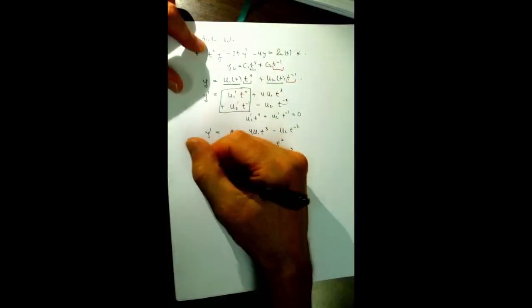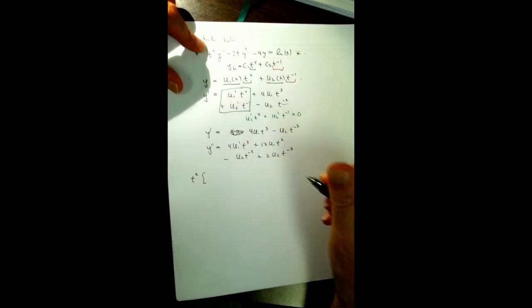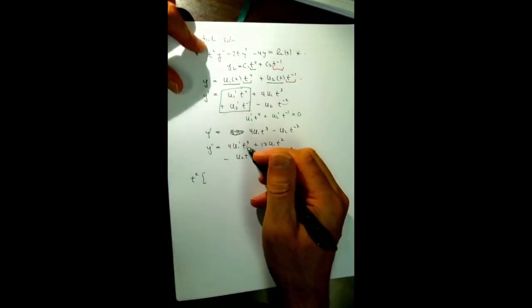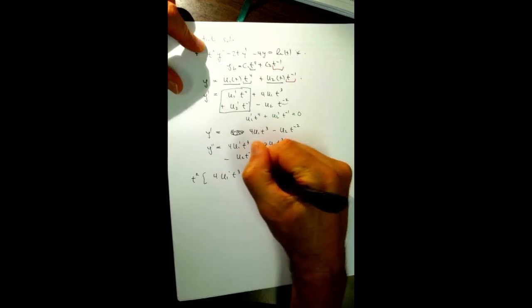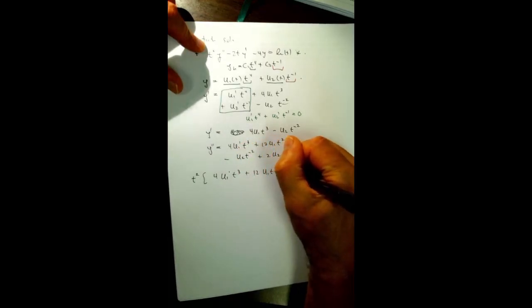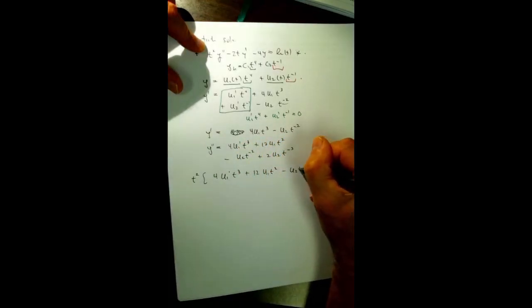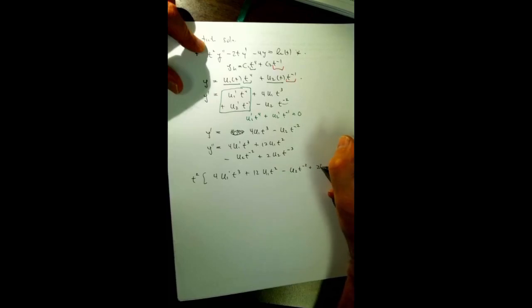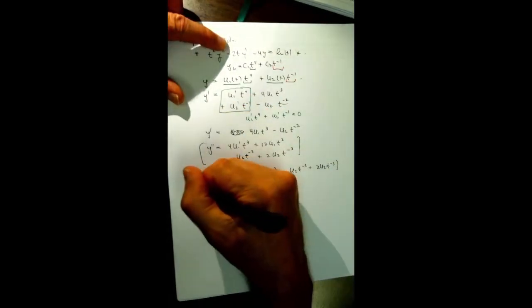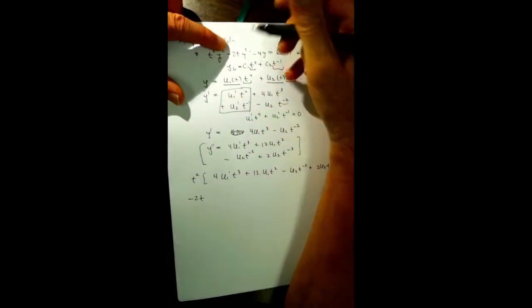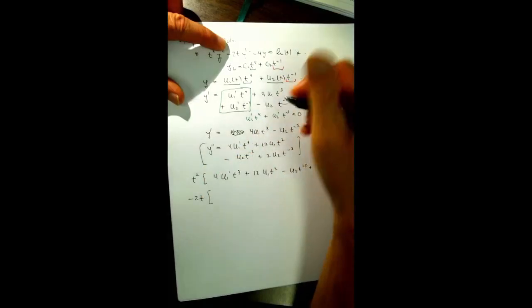Plugging this into the particular solution, I'm going to have t squared times y double prime. So that's 4U1 prime t cubed plus 12U1 t squared minus U2 t to the minus 2 plus 2 U2 t to the minus 3, which comes straight from there. Minus 2t times y prime. I'm going to use this term.